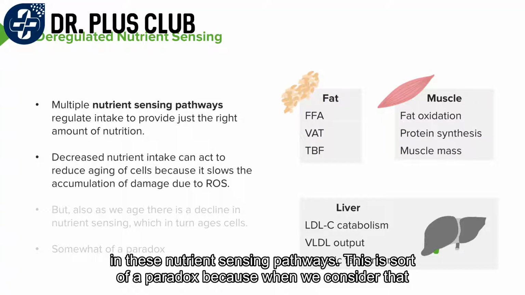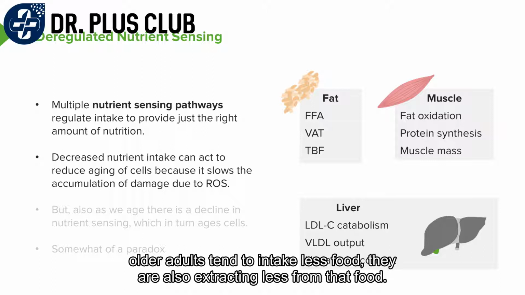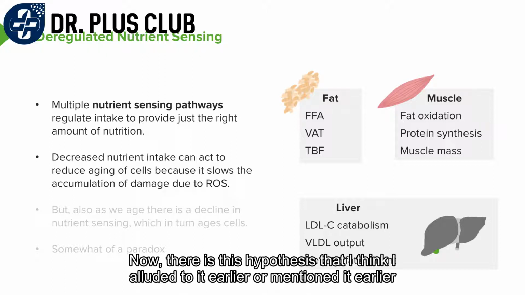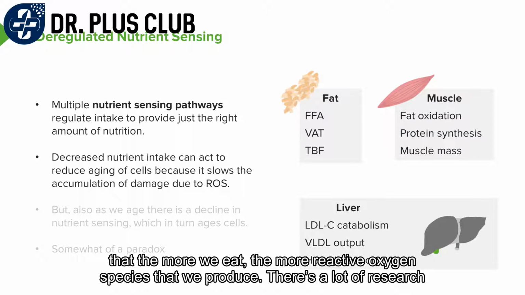So this is sort of a paradox, because when we consider that older adults tend to intake less food, they are also extracting less from that food. Now, there is this hypothesis that I think I mentioned earlier, that the more we eat, the more reactive oxygen species we produce.